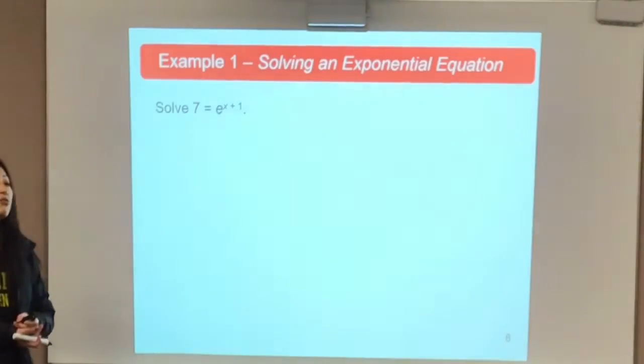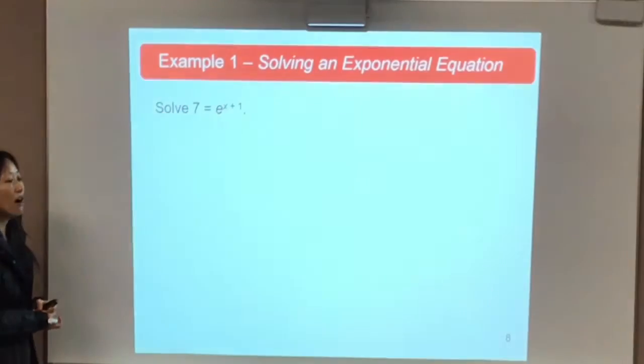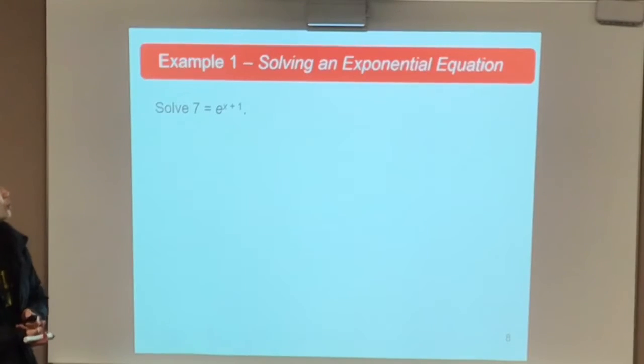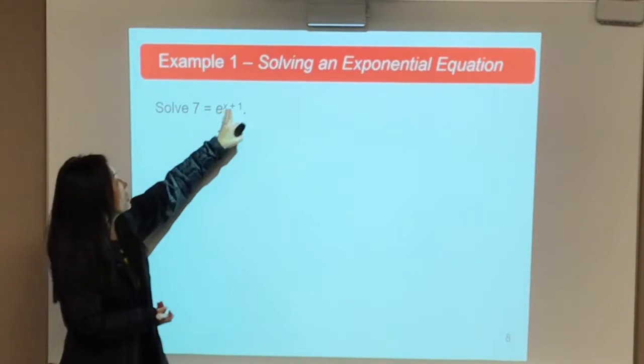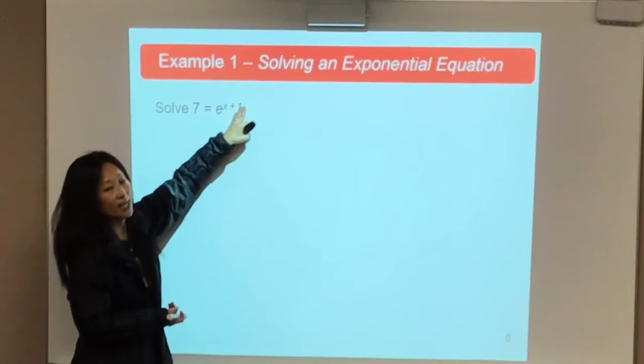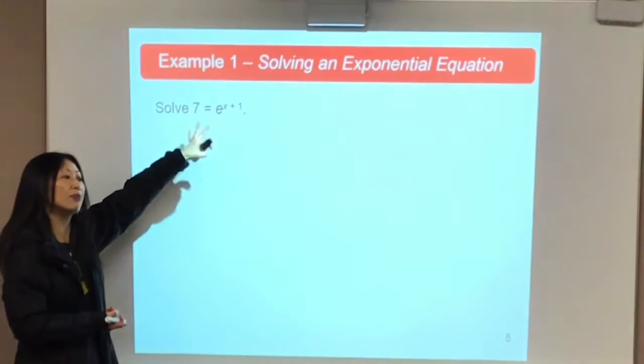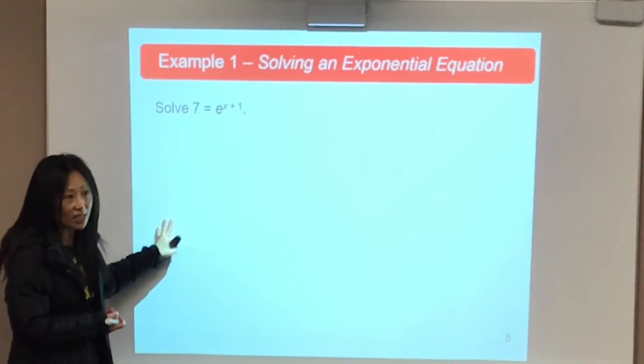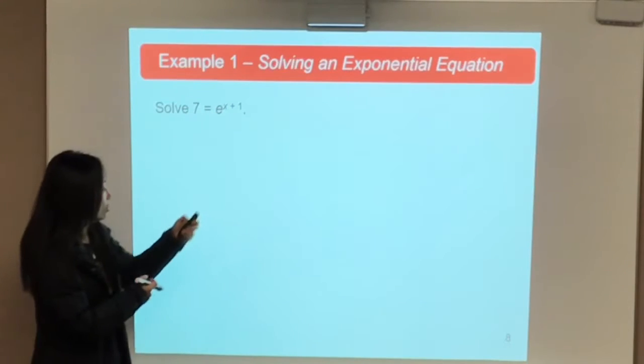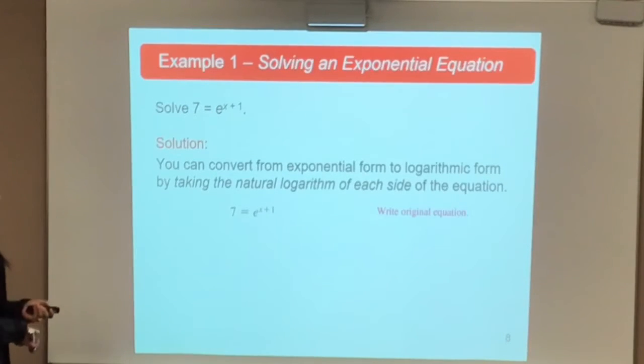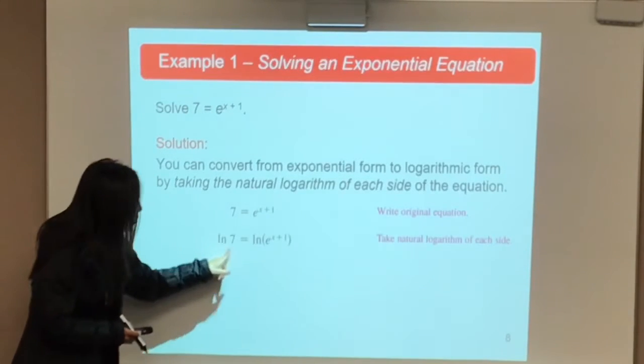So let's solve this one. If you want to solve this, what we need to do is look at this. x is in the exponent, right? That means I've got to bring it down. How can I bring it down? I need to have a natural log in the front.